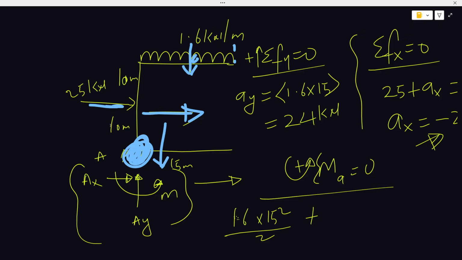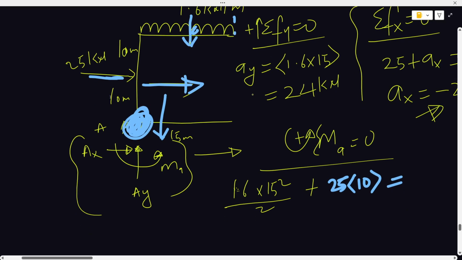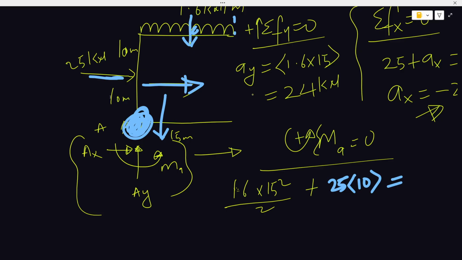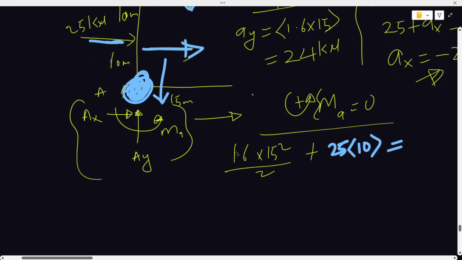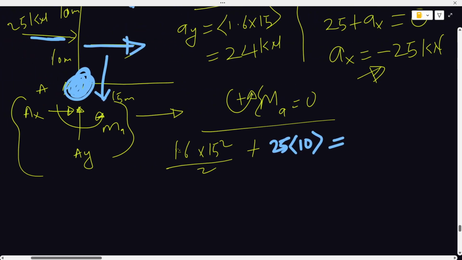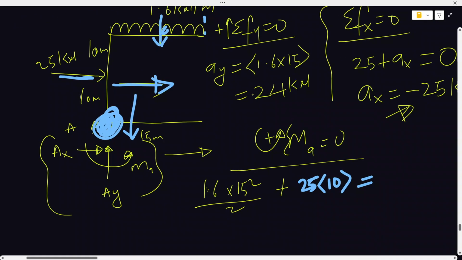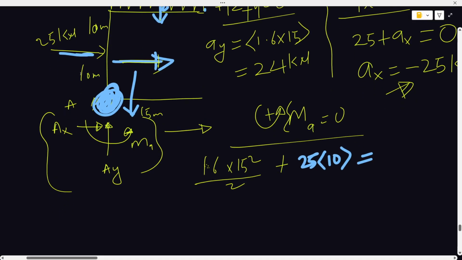That is why it is in the same place with the one for the UDL. So 25 times perpendicular distance 10 will be all equals to MA. If you notice, I normally do either upward is equals to downward, clockwise is equals to anti-clockwise. I don't have time to check to use sign convention. So you just do it and you get your same answer. So clockwise, all these blue forces, blue arrows, will now be equals to anti-clockwise.